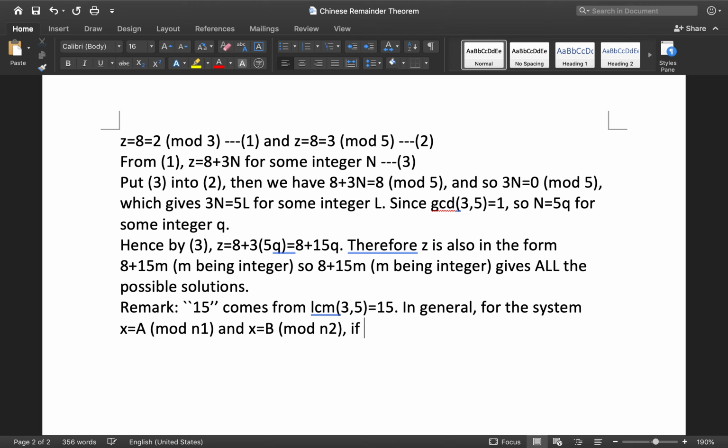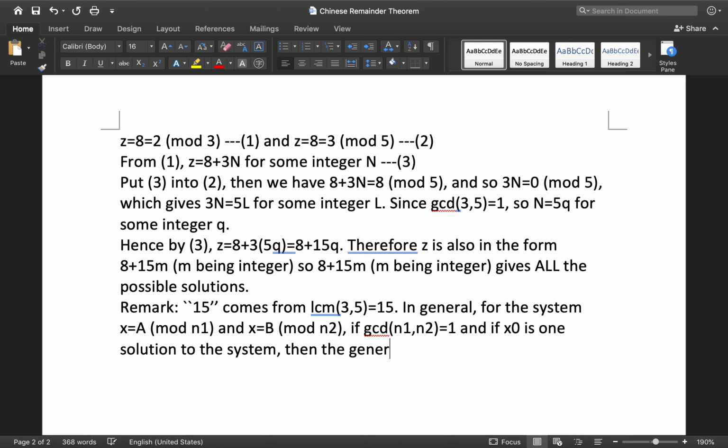If the GCD of n1 and n2 is equal to 1, and if x0 is one solution to the system, then the general solution is always given by x equal to x0 plus n1 times n2 multiplied by m, m being any integer.